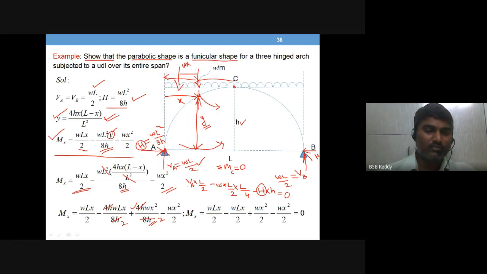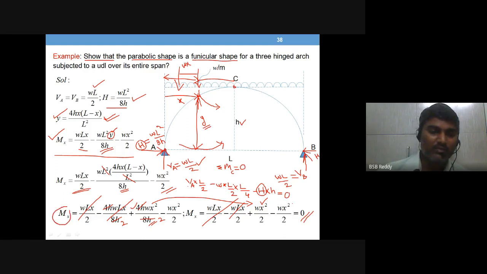WLx by 2 minus WLx by 2. So what you have? Nothing, 0. Same here, simplified two terms. Same here, Wx square by 2. This became Wx square by 2 here. I wrote it in simplified form here. So minus Wx square by 2. So total together it is 0. So Mx value is 0.